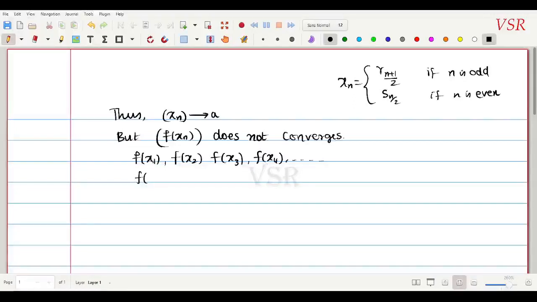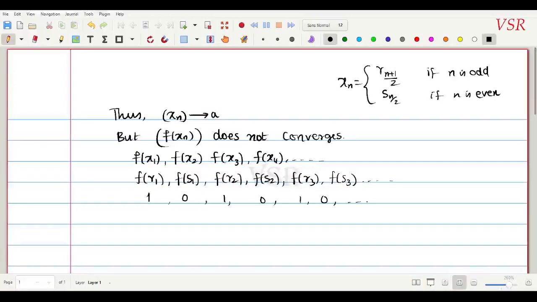The first element is f of r1, then f of s1, then f of r2 and f of s2, then f of r3 and f of s3, and it goes on like this. Now r1 is a rational number, so f of r1 is 1, and for an irrational number it is 0. So the sequence is 1, 0, 1, 0, 1, 0. So we have this sequence, and we know that this sequence is not convergent.